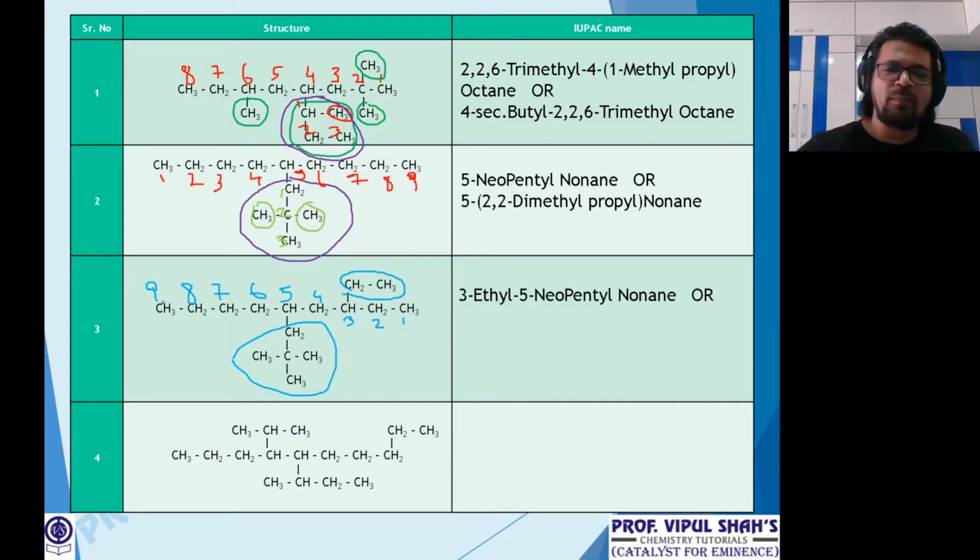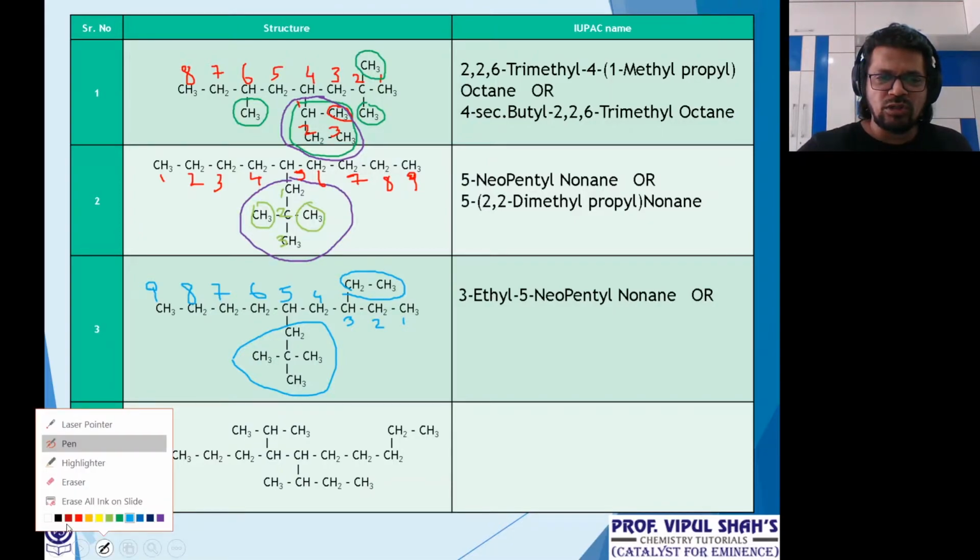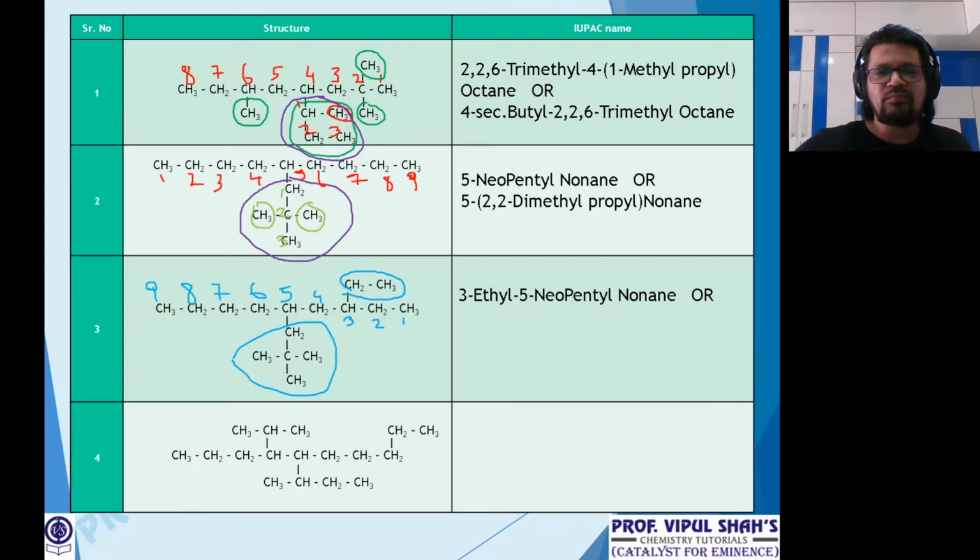And if I have to give a proper IUPAC name, then at first 3 ethyl, and then the second part. Why didn't I number left to right? Because if I go from the left, then branching comes first at 5 and then at 7. Here the first branch came at 3, so numbering has to be right to left. Now, more to talk on this. Observe now. At 5 where the branch is, from there I'll number.